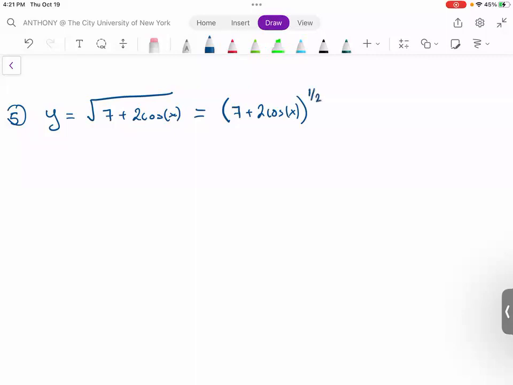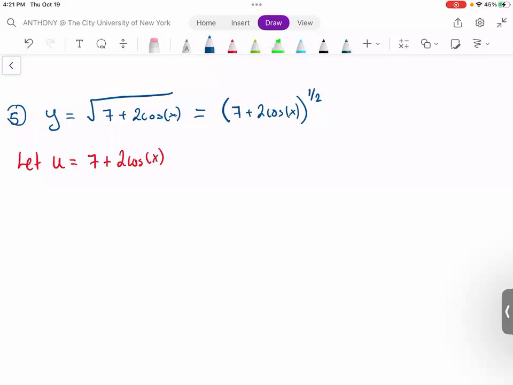All right. So now you can label your inner function. You should be able to clearly see what your inner function is. So what would you like to let u be? That's right. Let u equal 7 plus 2 cosine of x. Now you can go ahead and rewrite your equation in terms of u.